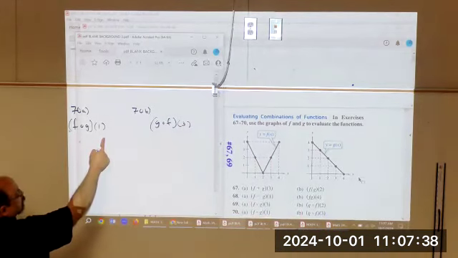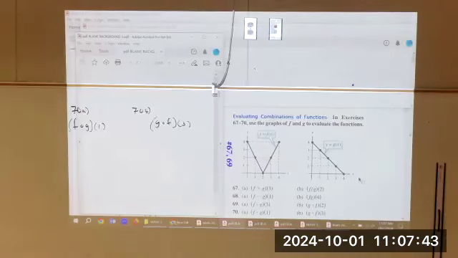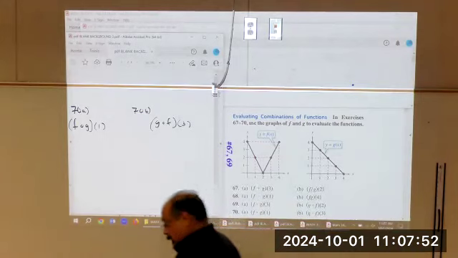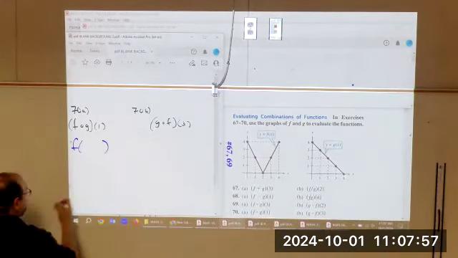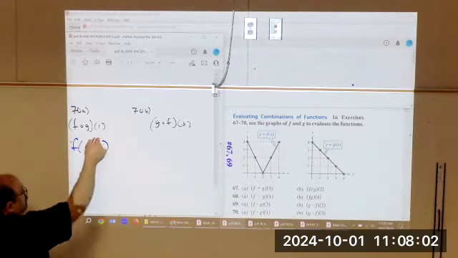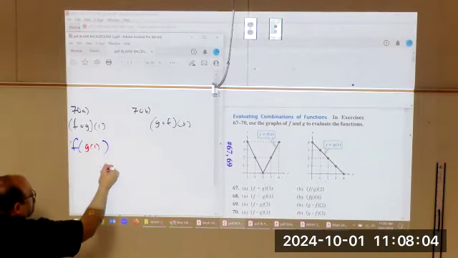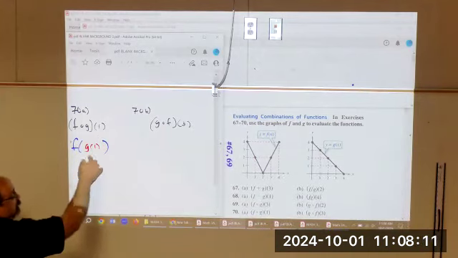So what's the outer function? F. And what are we putting into the F? G of 1. So from left to right, the outer function is F. And we're going to plug into that the next function, which is G of that one. So we have to find what first?